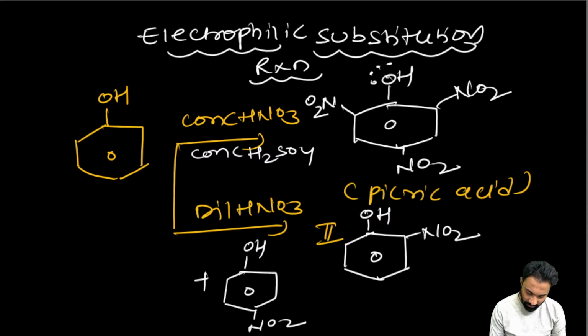Among the 1 and 2, ortho nitrophenol and para nitrophenol, which is more stable? Para.